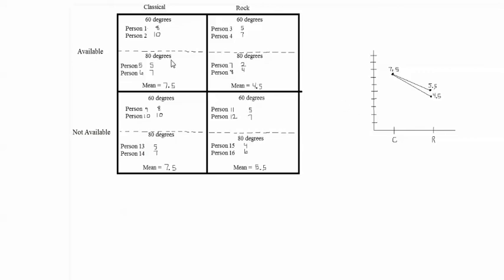So when we plot these four cell means, in the top row, it goes from 4.5 up to 7.5, this line right here. In the bottom row, it goes from 5.5 up to 7.5, which is this line right here. This line goes up by 2, from 5.5 to 7.5. This line goes up by 3, from 4.5 to 7.5. So the two lines are not parallel, and there is an interaction.